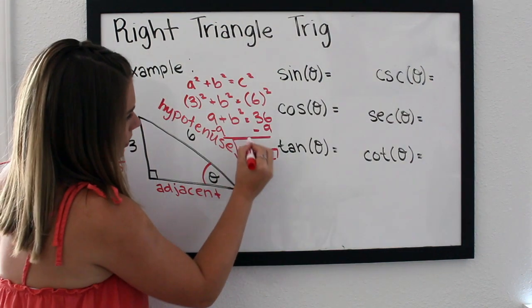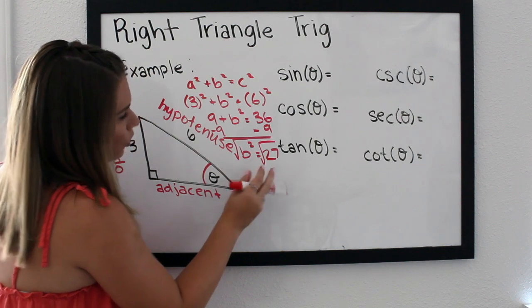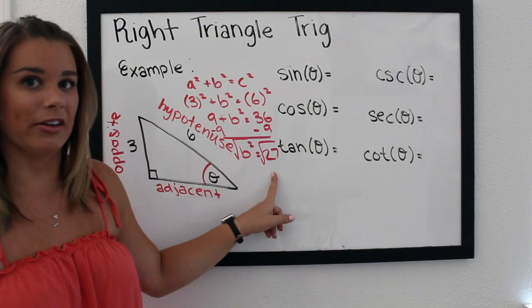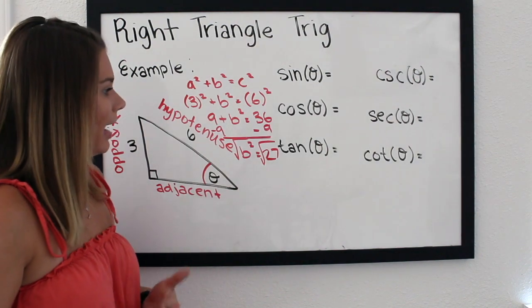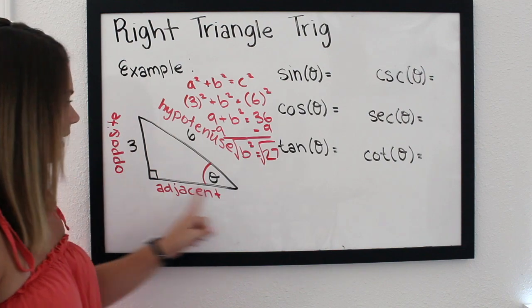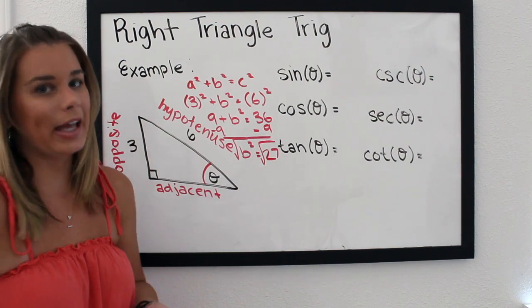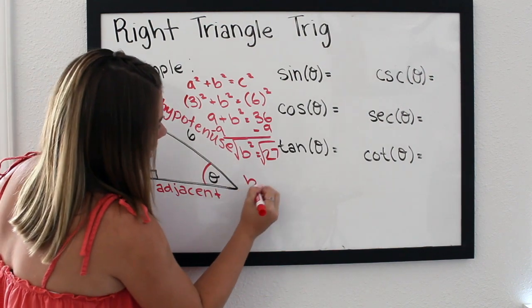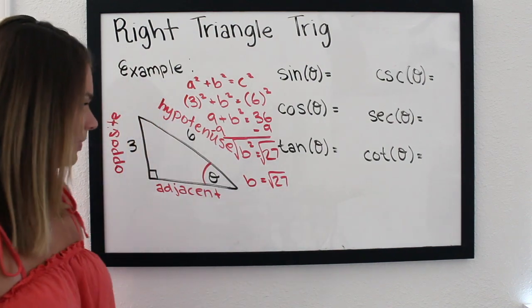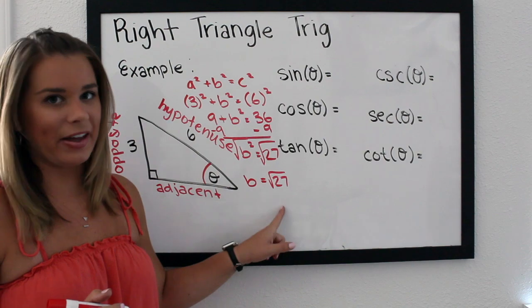You have to take the square root of both sides. Now normally b would be equal to plus or minus the square root of 27. However, we're not going to use plus or minus because the length for a leg of a triangle can't be negative. So then we have b equals the square root of 27. Now I can simplify this a little bit.